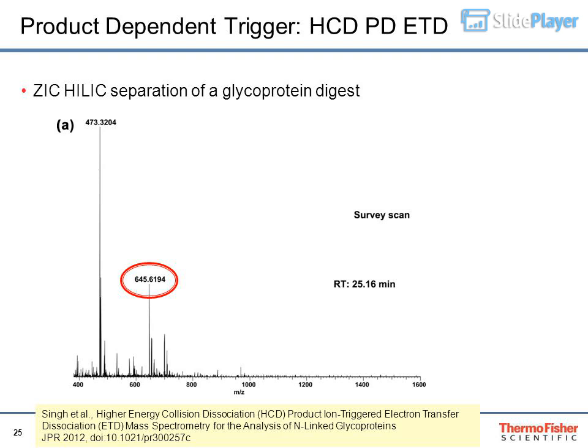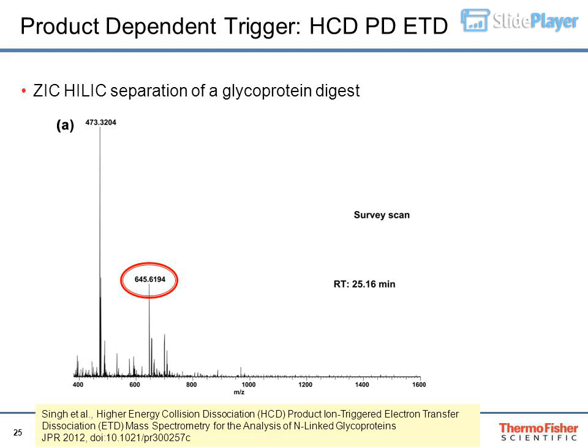Collision-induced dissociation, CID, mass spectrometry of glycopeptides results in the formation of the N-acetylglucosamine, GlcNAc, oxonium ion and a mannose plus GlcNAc fragment, in addition to other fragments resulting from cleavage within the glycan.